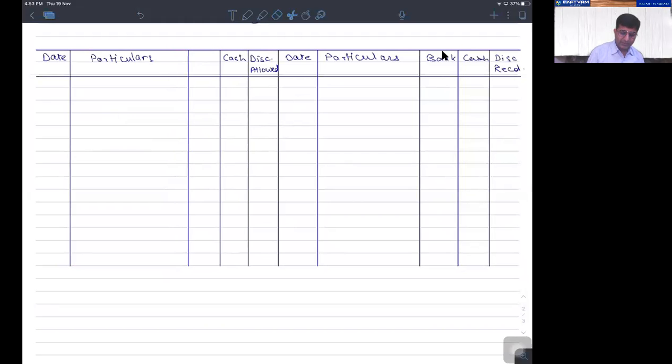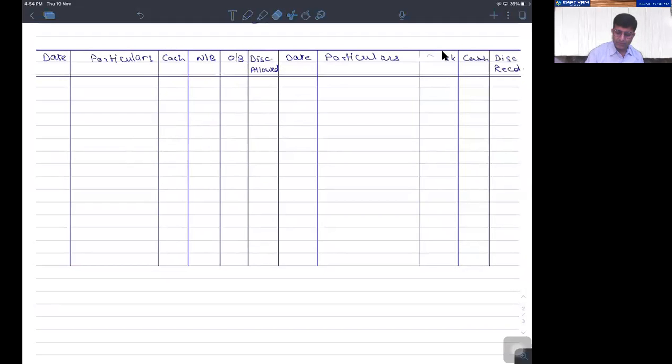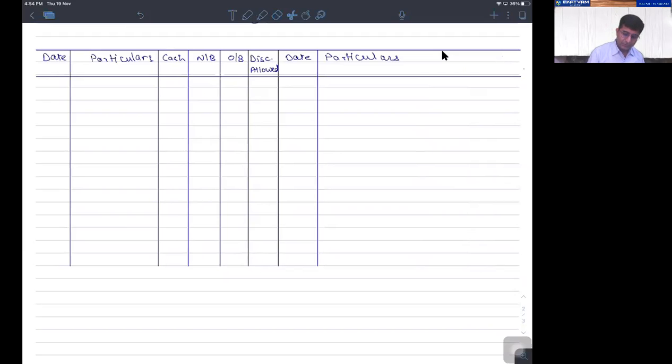I hope you are preparing the format. Slab cash, National Bank, Overseas Bank. Similar columns will be there onto the credit side as well. Let's have those columns then.